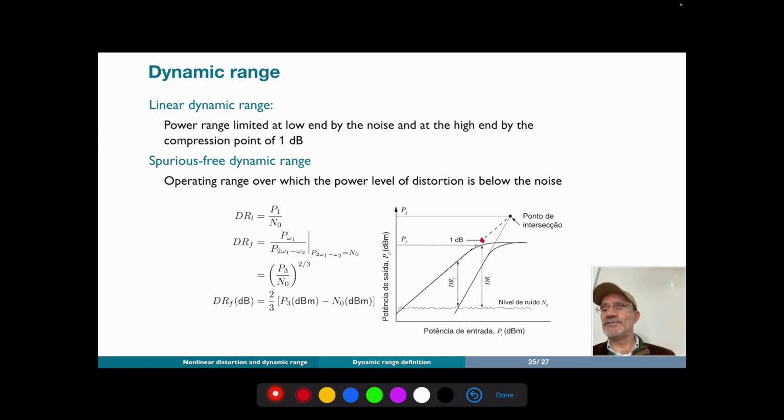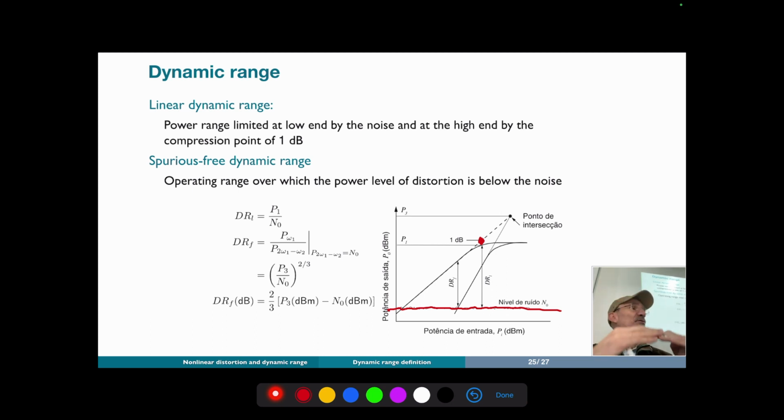The noise of the system is represented here by this level. Okay, and so the linear dynamic range is the range where, when the signal is very large, it's limited by the 1 dB compression point, which means we should not go over this power, otherwise we are introducing too much distortion on the output of the signal. And so at high level it is limited by the 1 dB compression point.